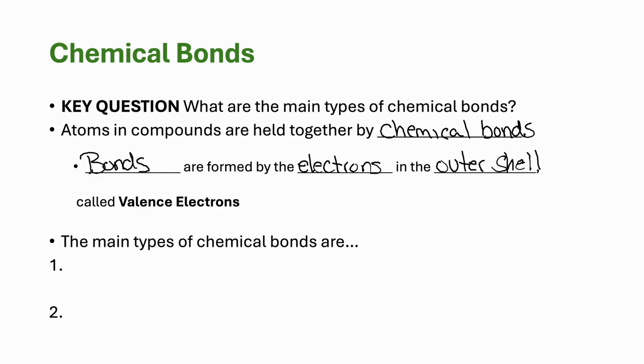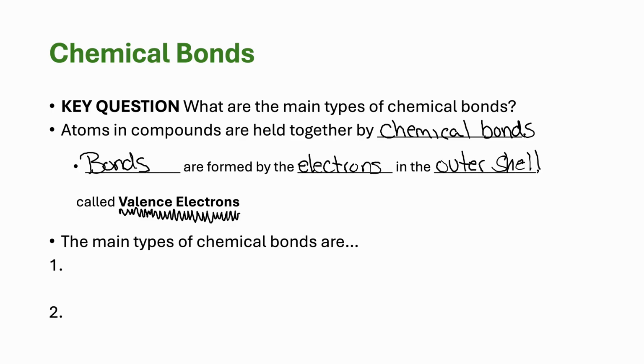These electrons in the outer shell are called valence electrons. When we're doing bonding, we only really care about the electrons found in the outer shell. And those outer shell electrons, depending on how many there are, determine how reactive something is.